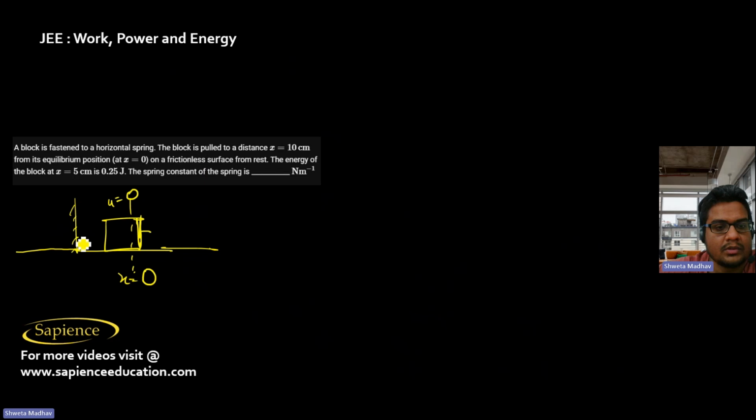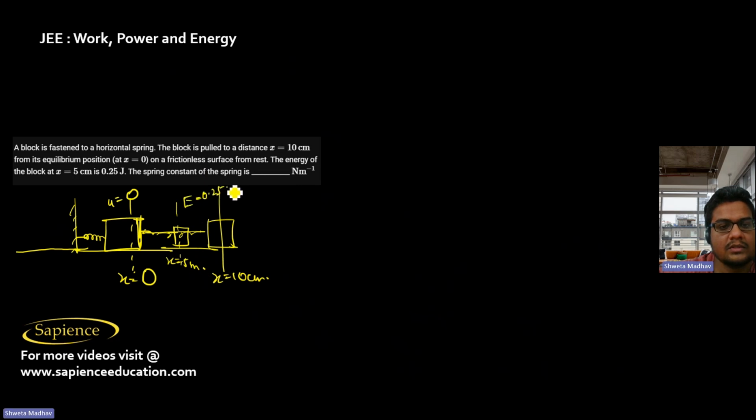It is brought from its equilibrium position at x equal to 0 till here, till x equal to 10 centimeter. The energy of the block when it is at x equal to 5 centimeter is 0.25 joule. The spring constant K we have to find.